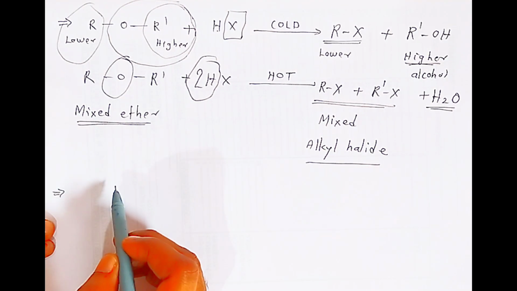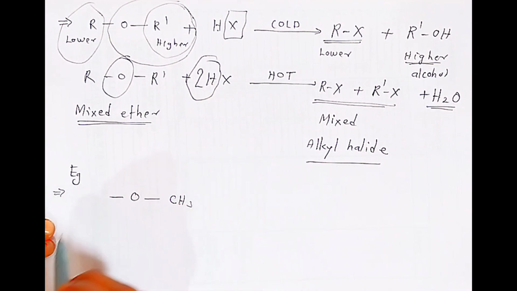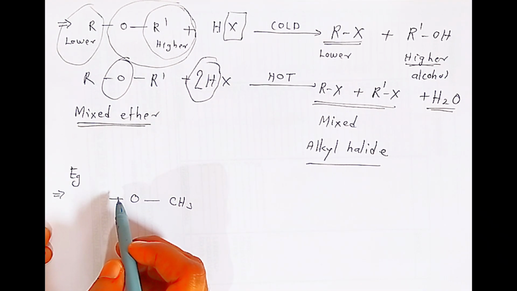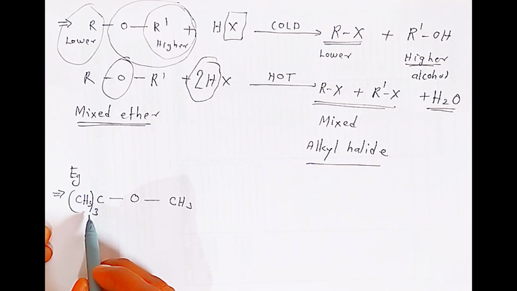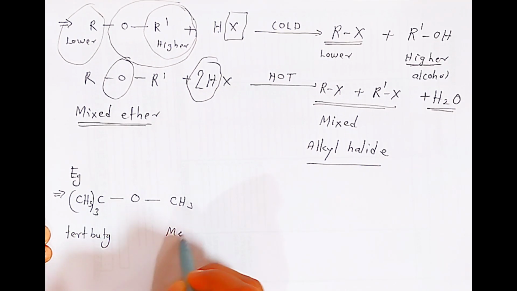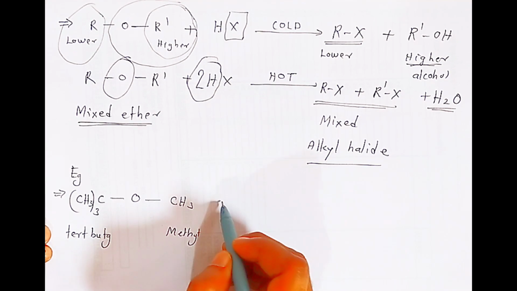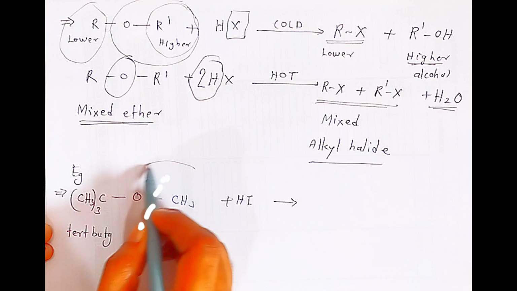Now, students, take an example of an ether: here the methyl group, and here the tert-butyl group, C attached to 3 methyl groups. So this is tert-butyl, and this is methyl. Action of HI, hydrogen iodide. So what happens? See, this will break.